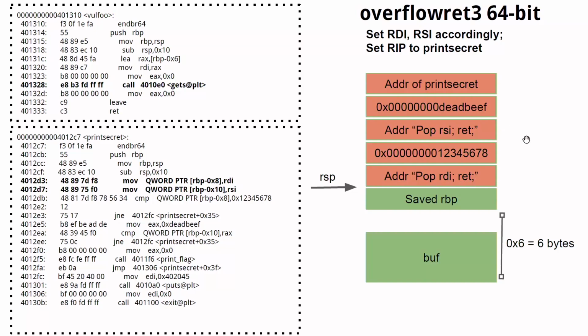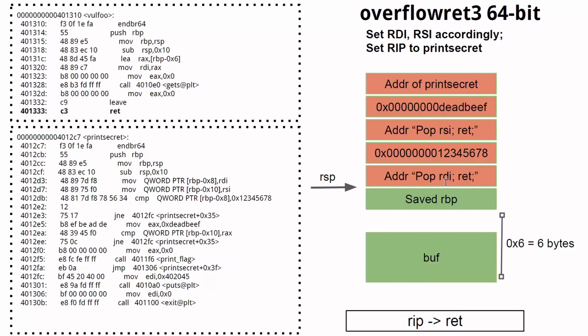So when this function returns, it will return to that gadget somewhere and execute 2 instructions. One is pop RDI. So what is pop RDI? Pop is going to pop something into a register. Then it's going to pop the next item on the stack into the register RDI.